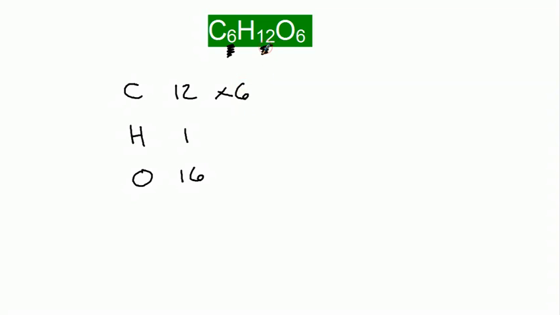The 12 is only associated with the hydrogens, and this 6 is only associated with the oxygen. So we can do the maths here, and we should be able to work that out as 72, 12, and 96. And when we add that up, it's 180.